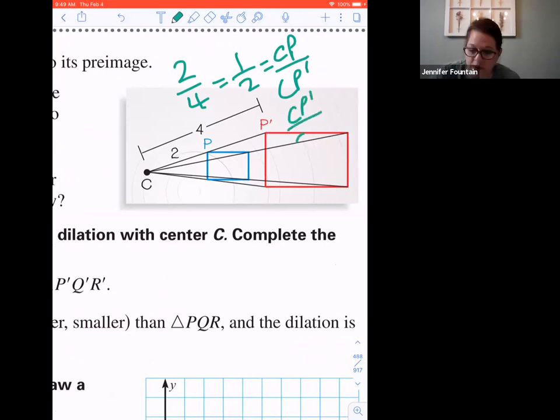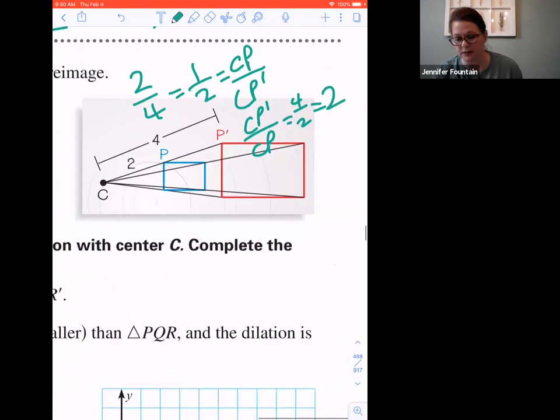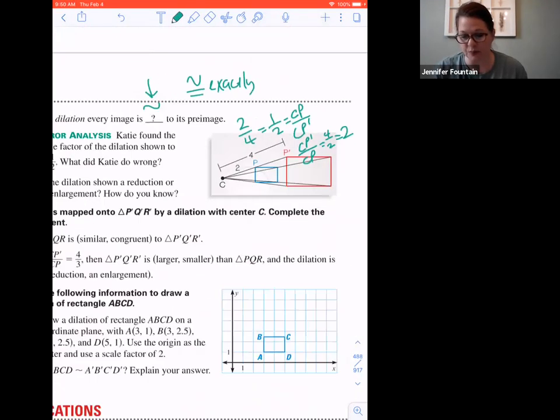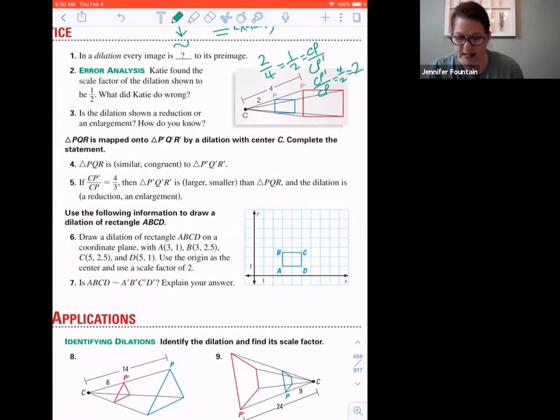And remember, my formula is CP prime over CP. Therefore, it should be 4 over 2, which equals 2. So that was her mistake, is that she did CP over CP prime instead of CP prime over CP. So if you can't remember that formula, look back at the section when you're doing your homework, okay?